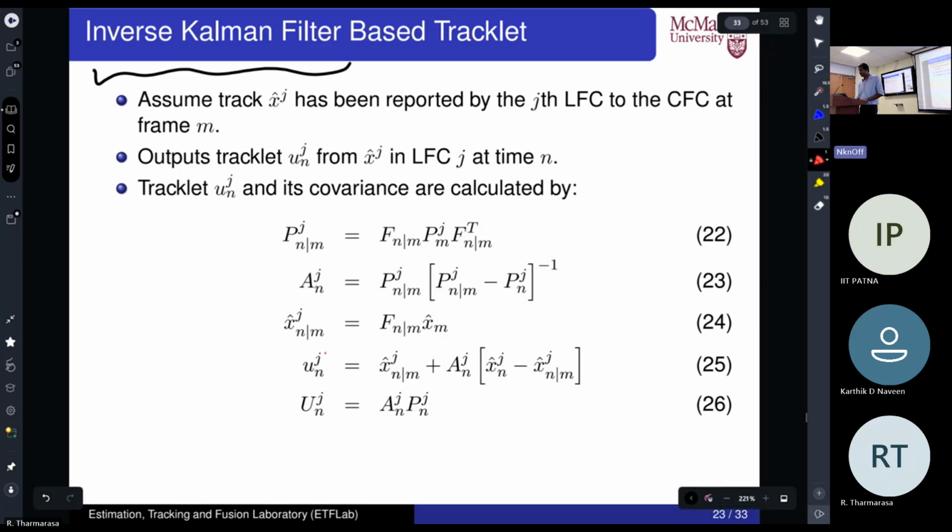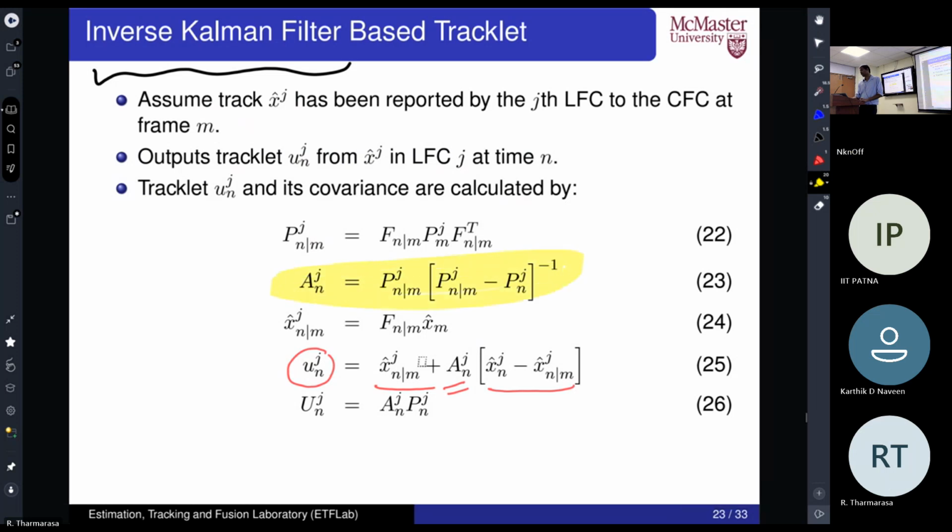Finally, we calculate this as a function of the predicted state plus some gain. It's the predicted state versus the updated state and the difference. One thing you need to notice is that in order to do this calculation, we need to do this. This is an important part.